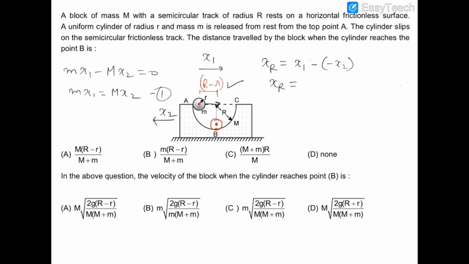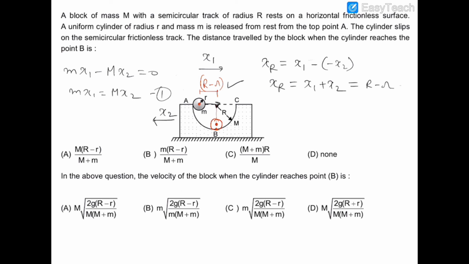So x relative is equal to x1 plus x2, and this relative displacement is R minus r.